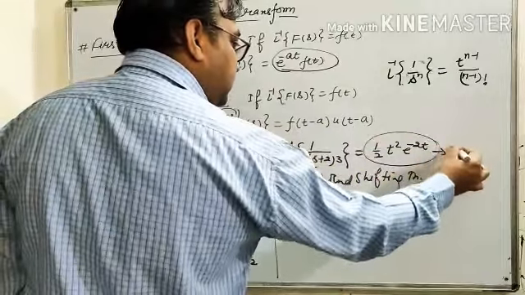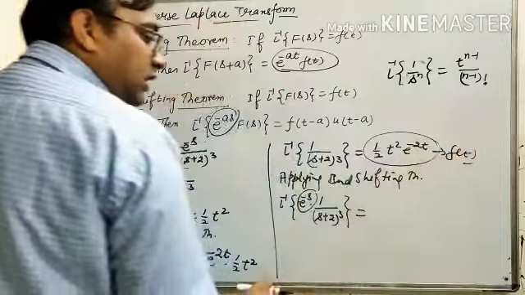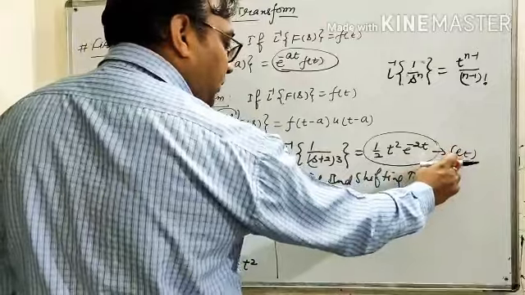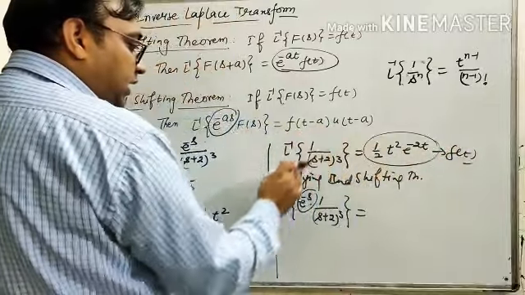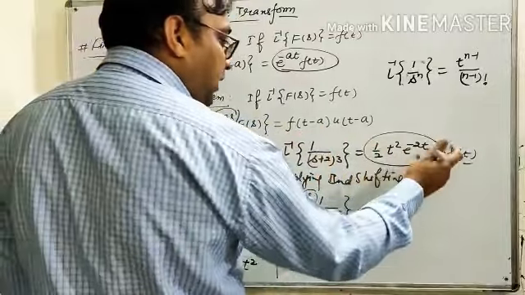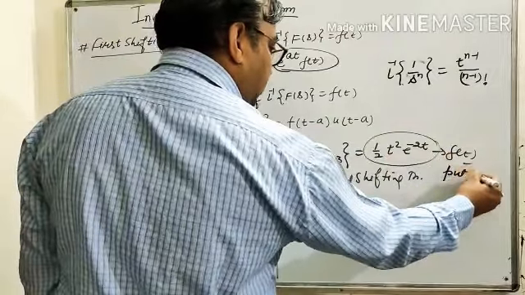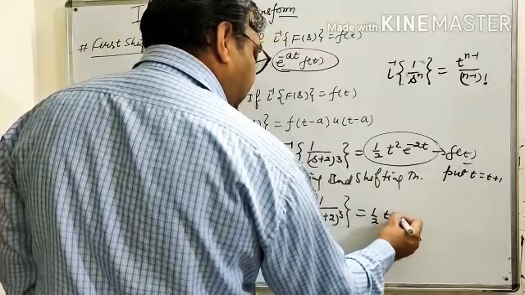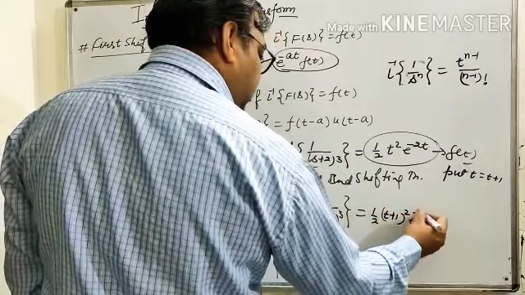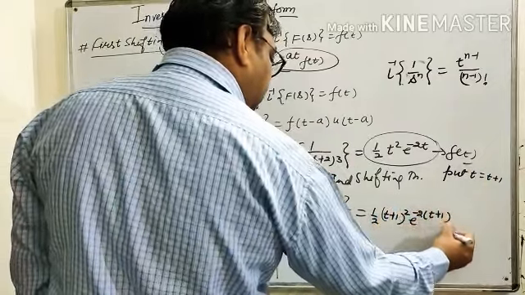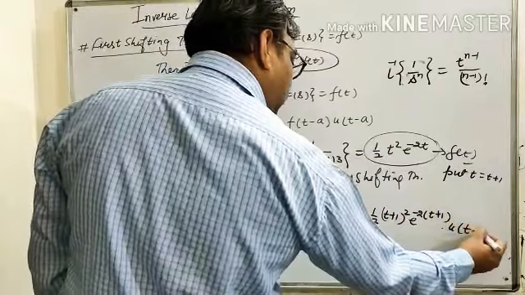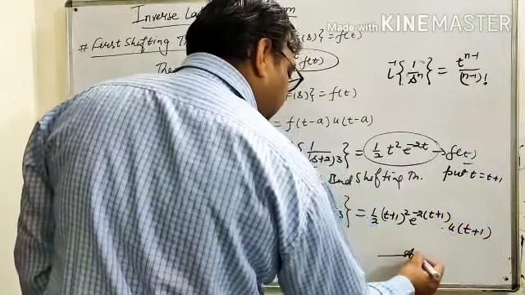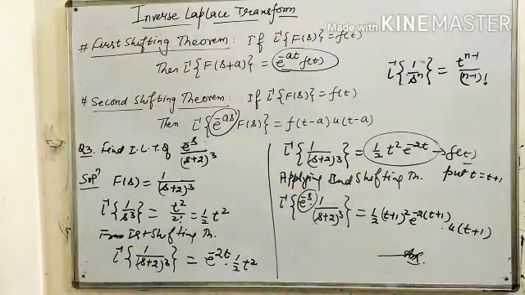What is this? This is f(t). In this particular condition we have to replace t by t-a, and a is 1, so we have to replace t by t-1. So 1/2 (t-1)^2 e^(-2(t-1)) into u(t-1). So this is the required solution of this kind of problem.